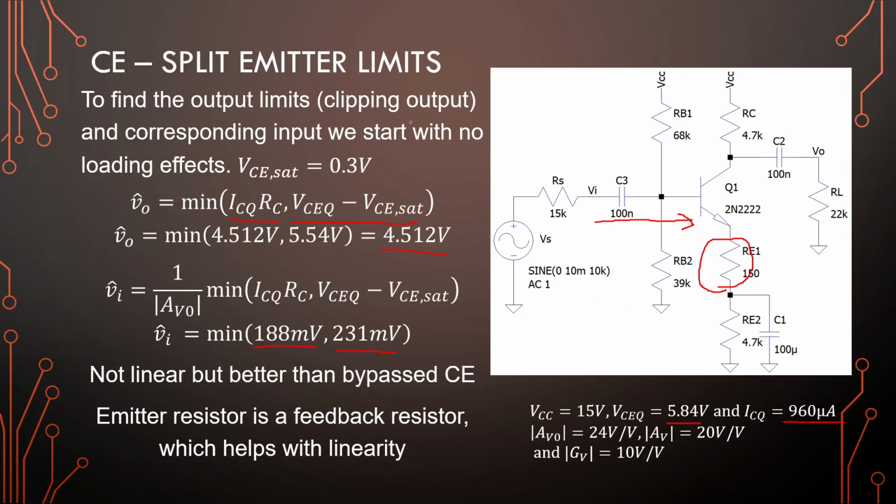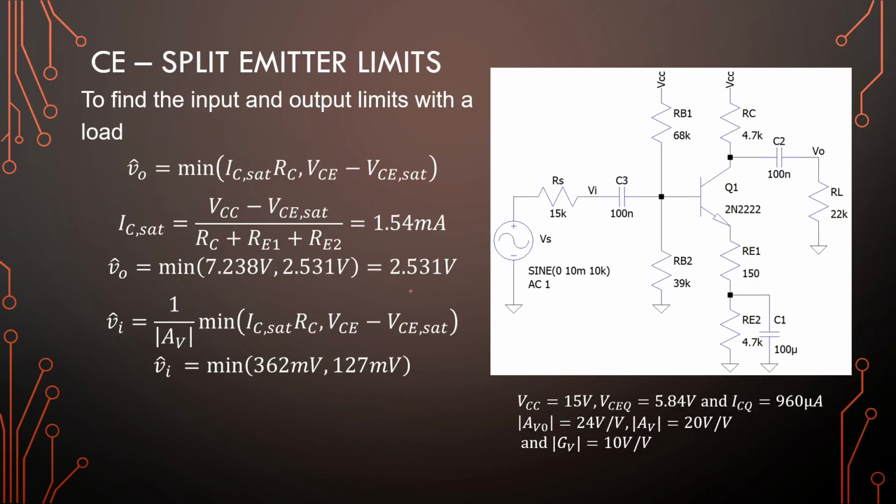Okay, so the common emitter split emitter is actually one of the famous amplifiers, if I can put it that way, because you have a lot of freedom with it. Right, on to the next slide.